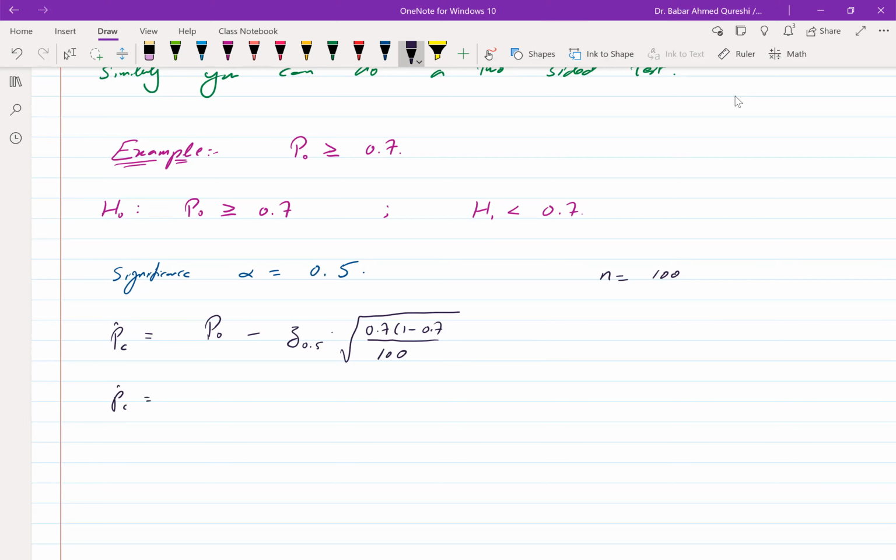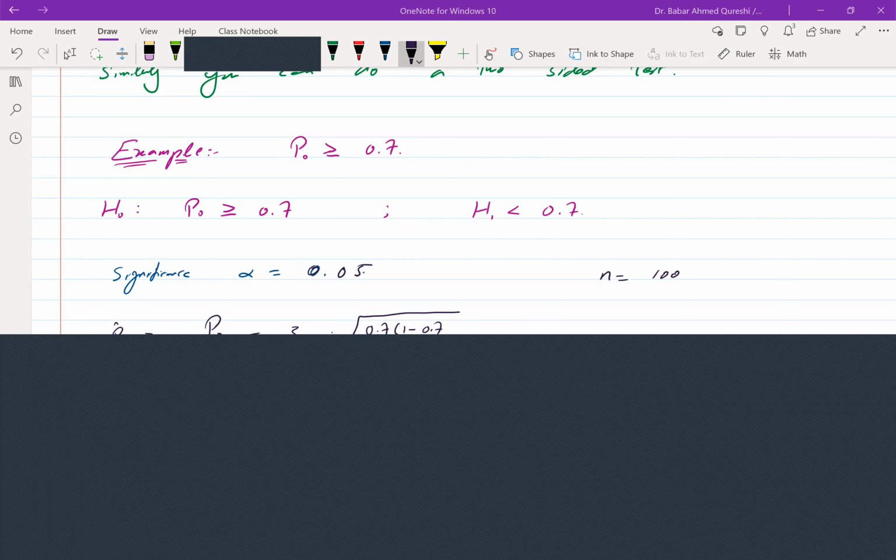So the critical value would be 0.7 minus Z, sorry, this is not 0.5, I should be saying 0.05. And we can compute what Z 0.05 is.